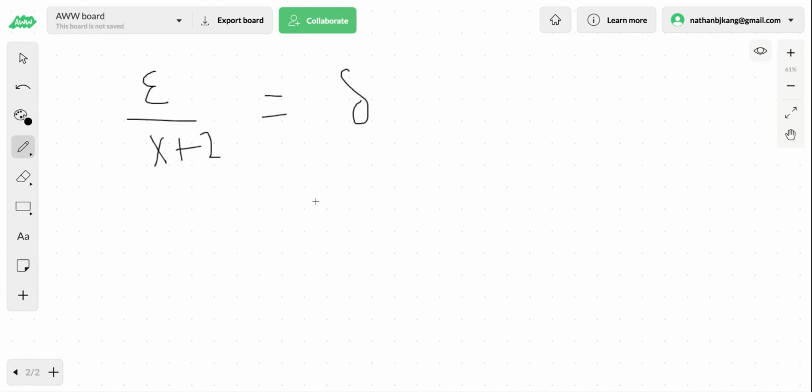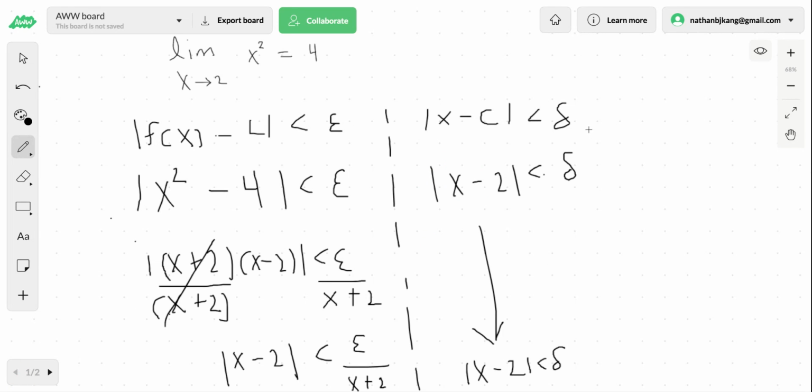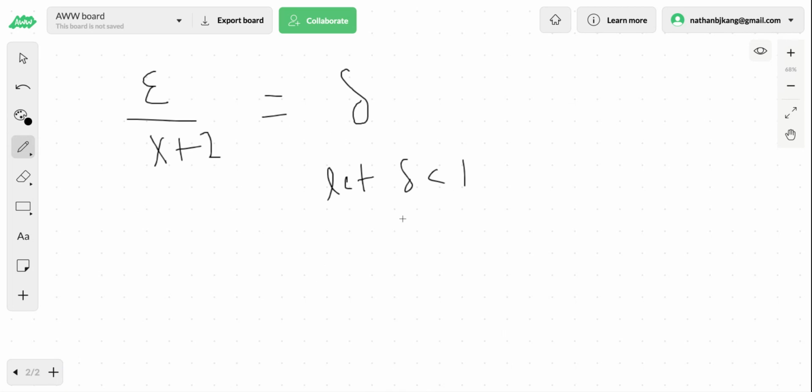We're going to say let delta be less than 1. And if you recall from our previous page, we have that x minus 2 is less than delta. So applying that, we're going to have x minus 2 is less than 1. Now let's solve this inequality.